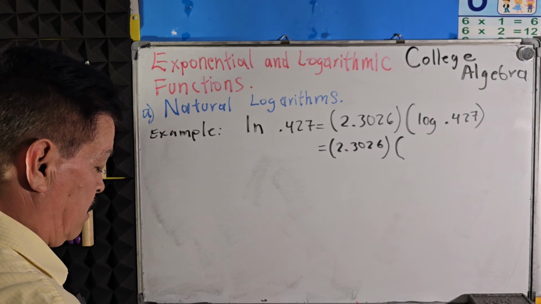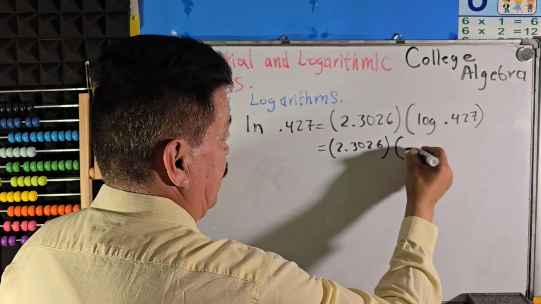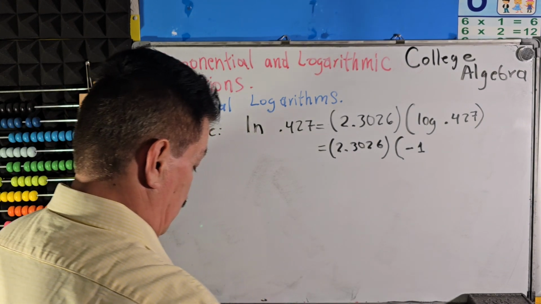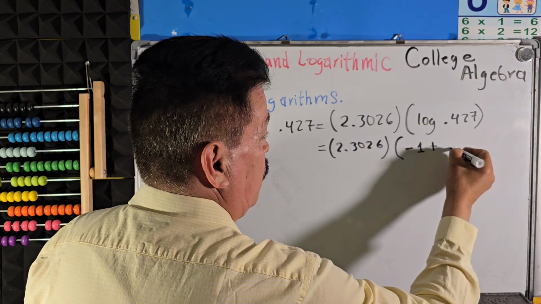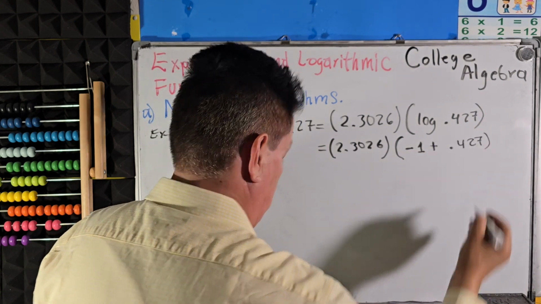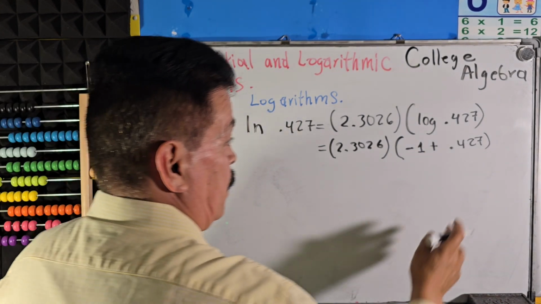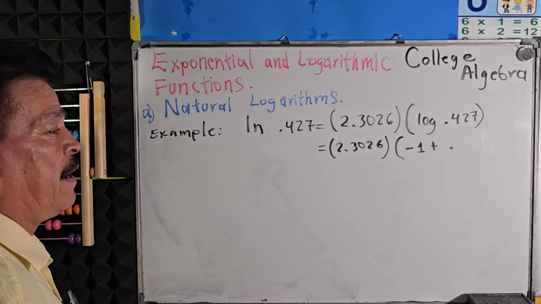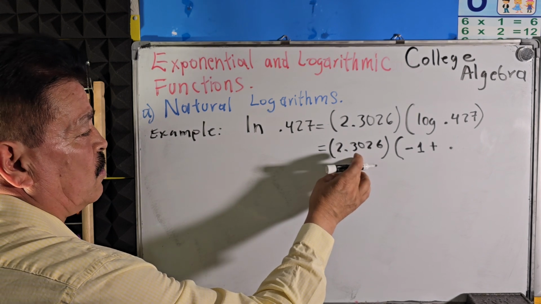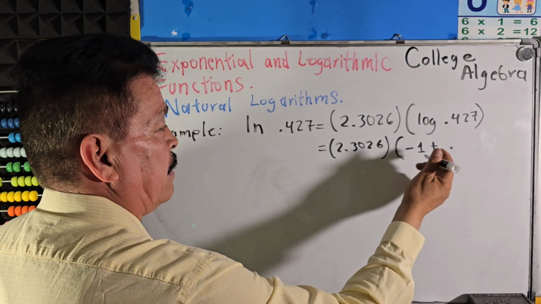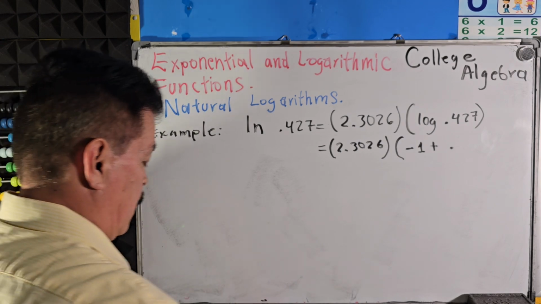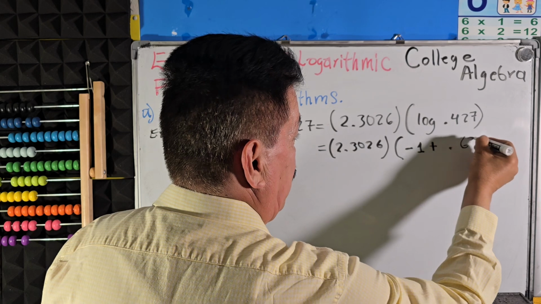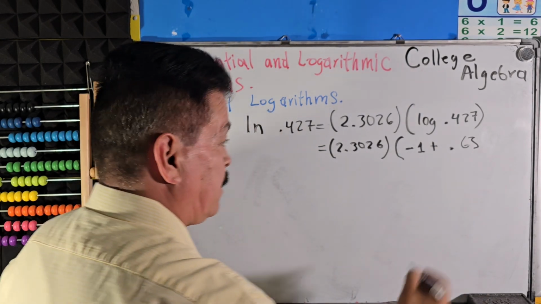The natural log here is negative, this equals -1 plus 0.427. Now here we have to understand we have 2.3026 times -1. Now plus we have to add 0.6304.